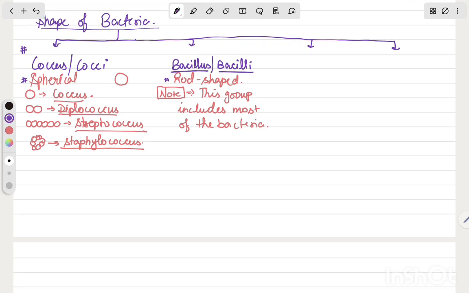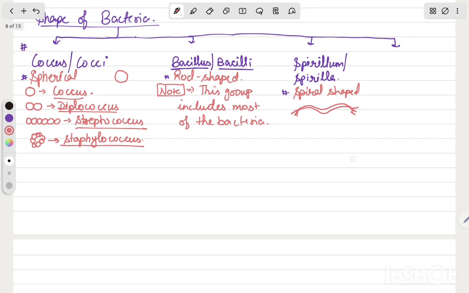The next category is spirillum, or we can say spirilla. The shape is spiral shaped, like this. The next category is Vibrio.